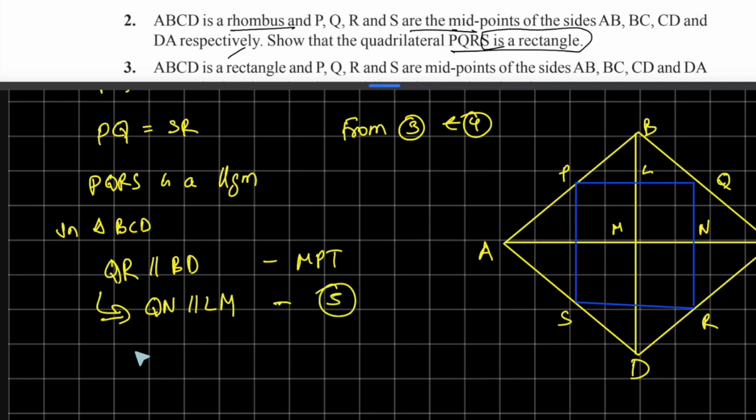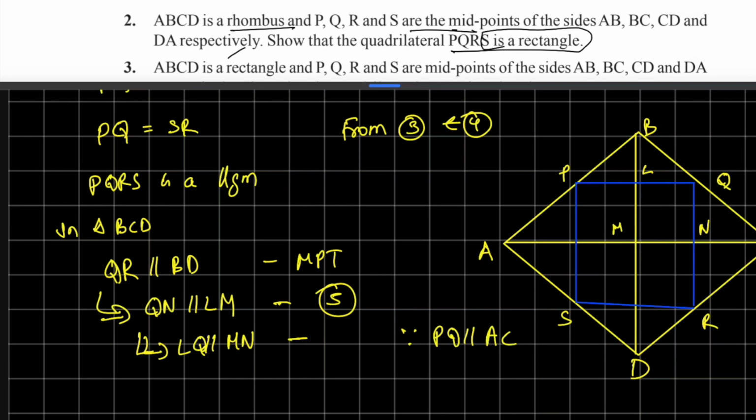We can also say that LQ is parallel to MN. We have just proved it earlier, just because of the midpoint theorem, since PQ is parallel to AC and QN is parallel to LM.